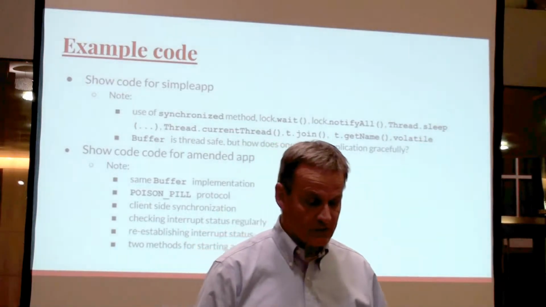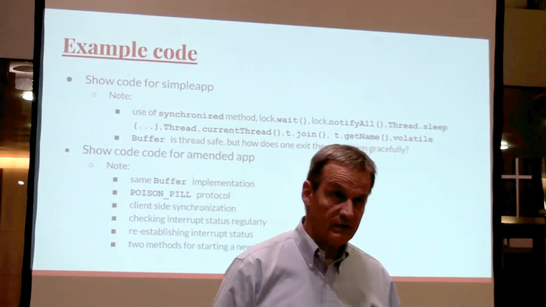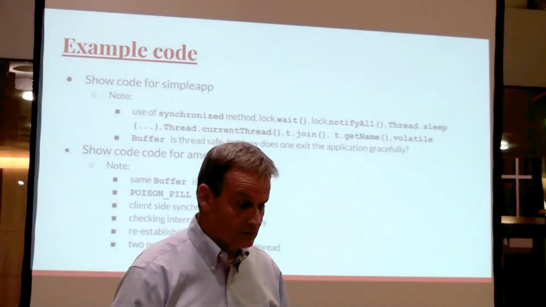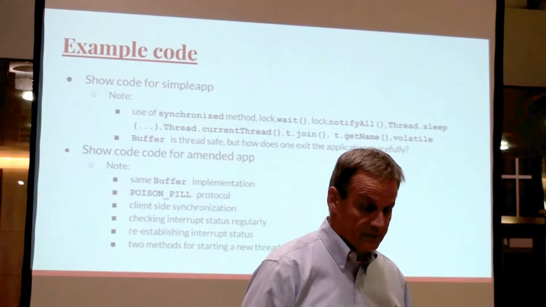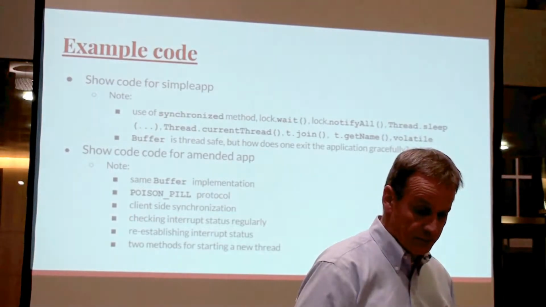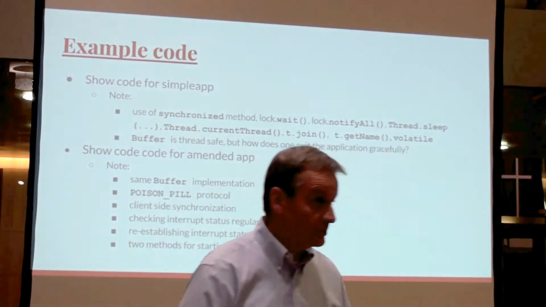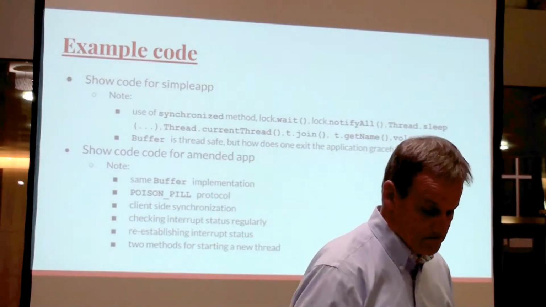I didn't show this: if T is a thread, you can wait for that T to reach its terminal state. And get name, I used that, you saw that. I even changed the name. Then volatile, I explained very briefly. I will get back to volatile. Somebody said that volatile is kind of confusing.